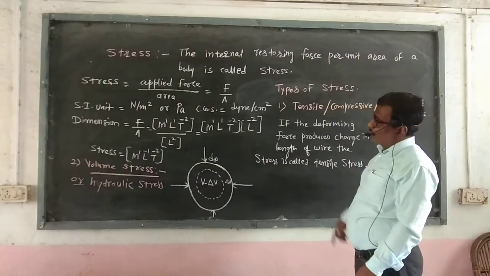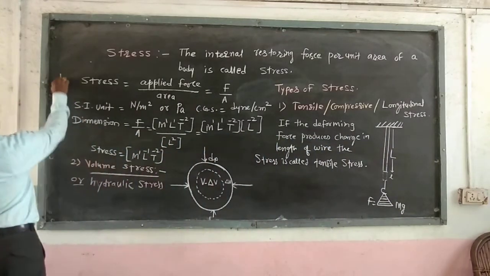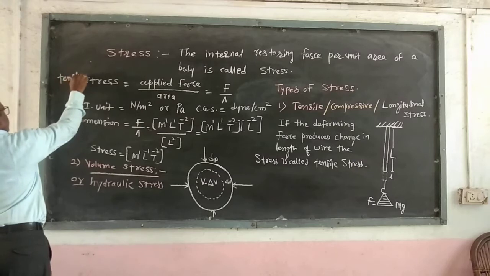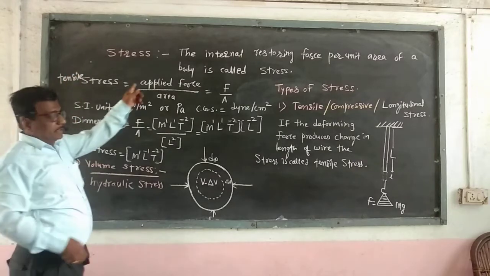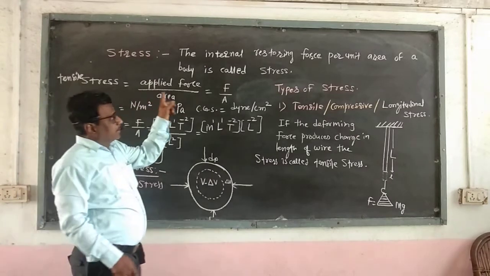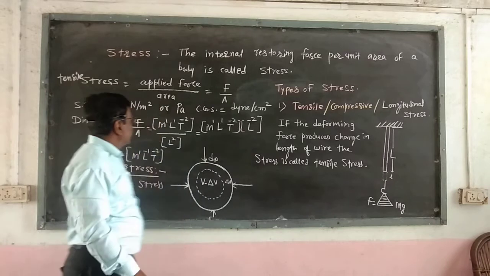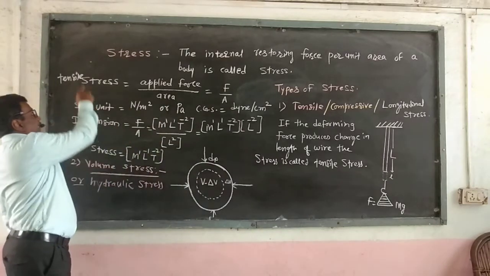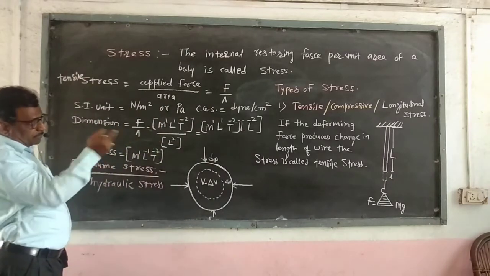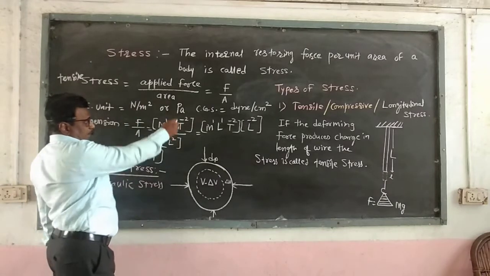Now we find out the formula for tensile stress. Tensile stress is equal to again the same formula, applied force divided by area, F divided by A. Similarly SI unit of tensile or longitudinal stress is Newton per meter square or Pascal.